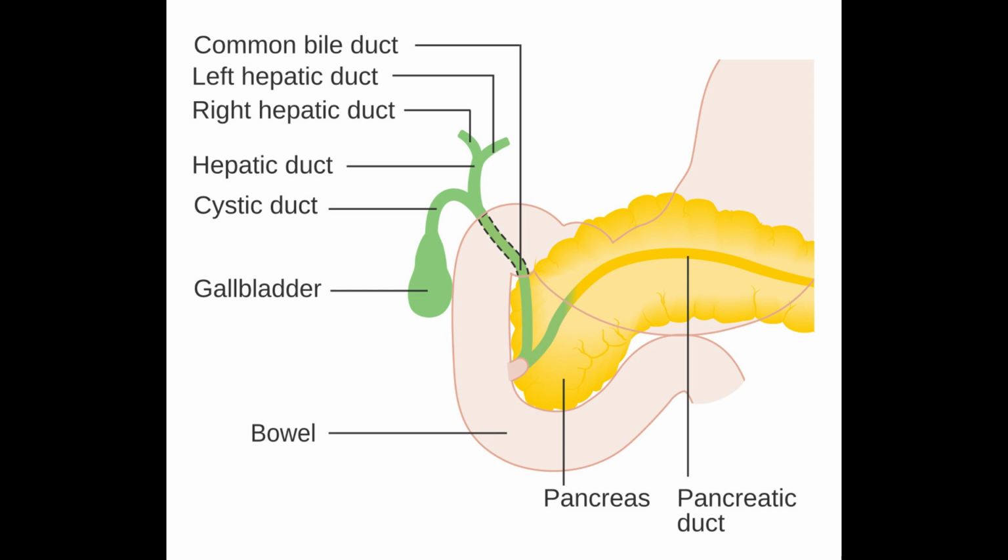And as the common bile duct goes down in the C loop of the duodenum, it is going to be joined by the pancreatic duct at an ampulla, which is called the ampulla of Vater. And together, after the common bile duct and pancreatic duct have joined, they're going to empty into the duodenum through the sphincter of Oddi.